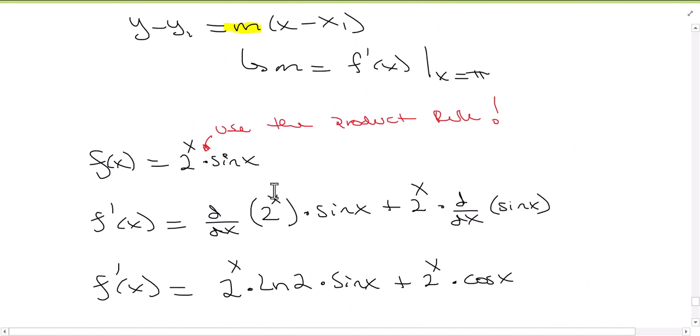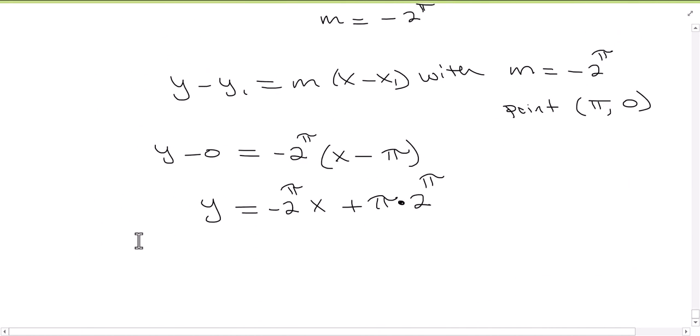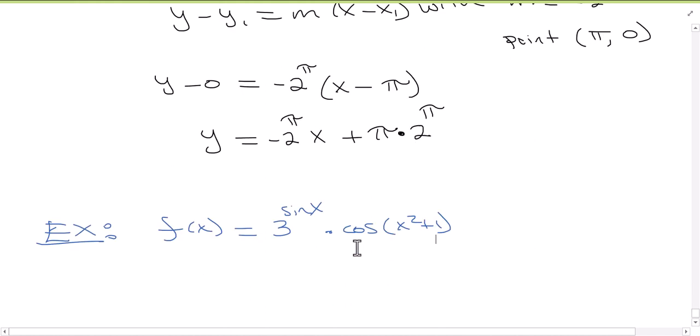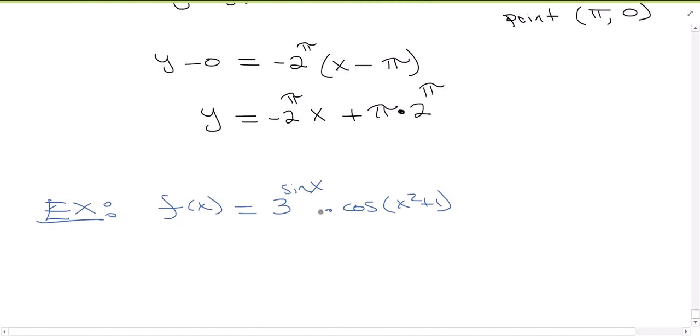Now, if this had some sort of chain rule in there, it would have been a little more difficult, right? So for example, I'm going to add an extra example here. If I had f of x equals, say, 3 to the sine x times cosine of x squared plus 1. Now this requires you to do what? You have to do the product rule because of that.